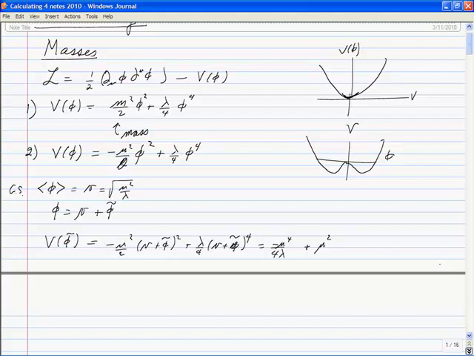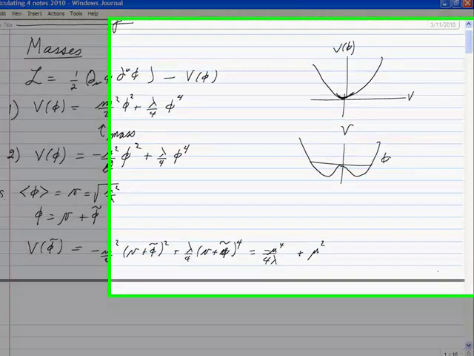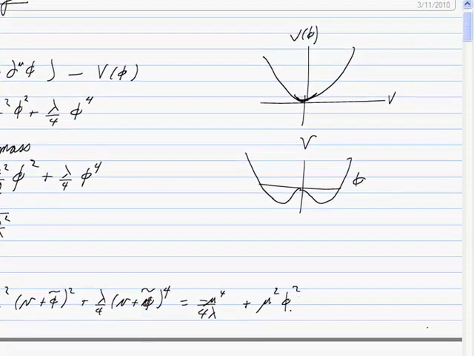Remember v squared is mu squared over lambda, so the lambda gets canceled with the v squared, and you get mu squared phi twiddle squared. There's a cubic piece, lambda v phi twiddle cubed, and then there's a lambda over 4 phi twiddle to the fourth.